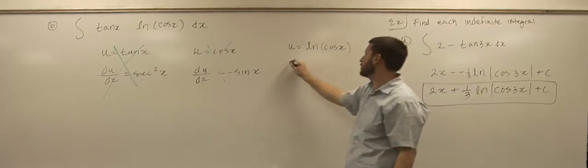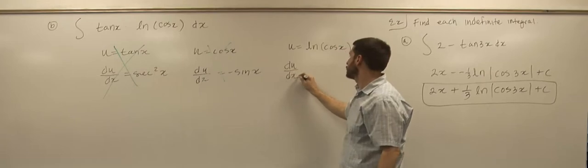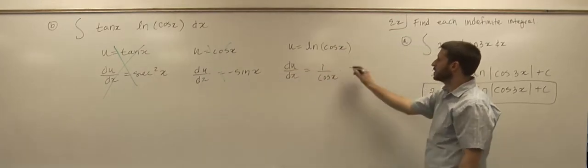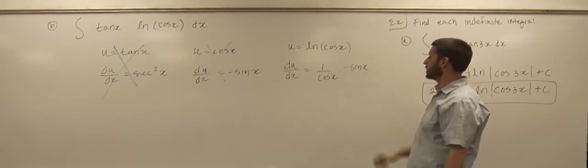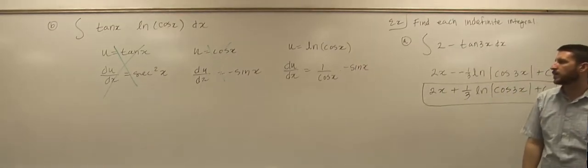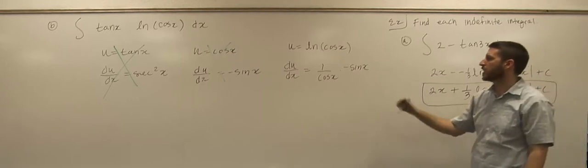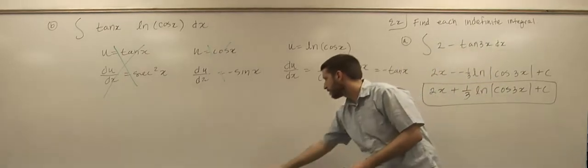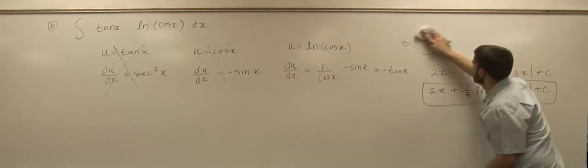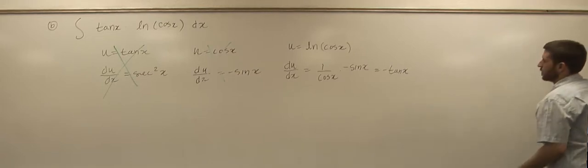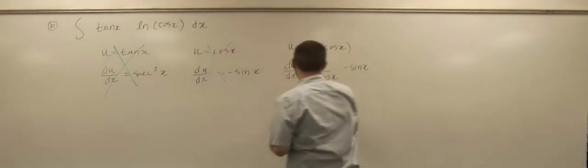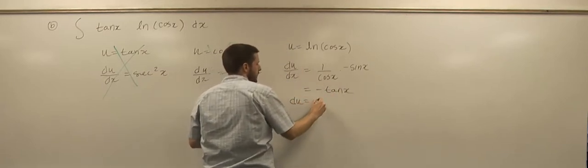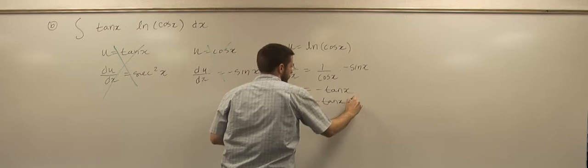Because now when you do the derivative, you get 1 over cos x times negative sine x. Derivative multiplied by the derivative of the inside. So sine over cosine is tangent. This becomes negative tan x. So du is equal to negative tan x dx.